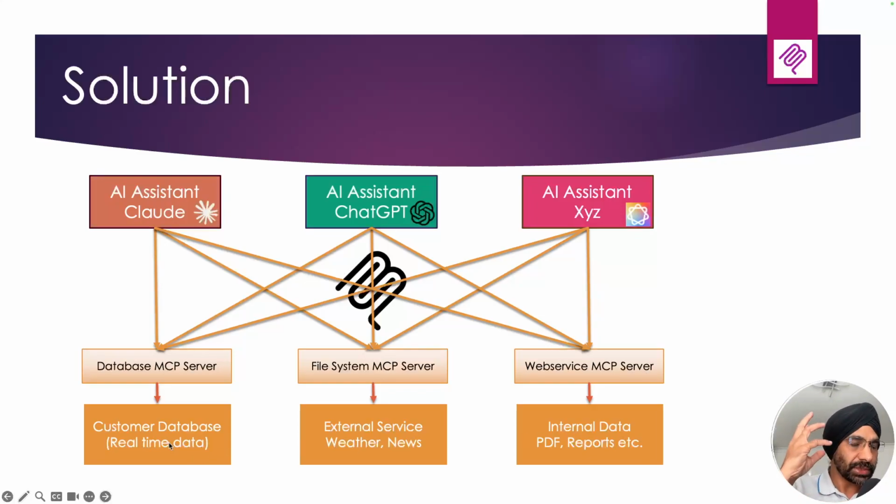As you can visualize on the right, I can keep on adding as many AI applications, AI agents, AI assistants as possible. I do not have to build a new integration endpoint for that particular AI application. They all can talk using the standard protocol. That's the beauty of the MCP protocol.